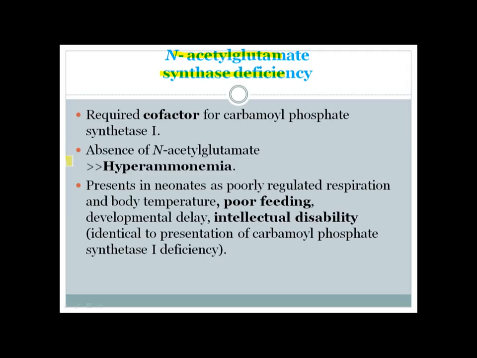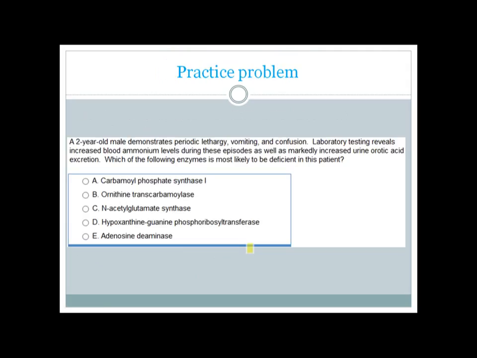So there will be increased levels of ammonia in the blood because the urea cycle will be slowed down, and it presents in neonates as poorly regulated respiration and body temperature, poor feeding, developmental delay, and intellectual disability, and those are identical to the presentation of carbamyl phosphate synthetase 1 deficiency.